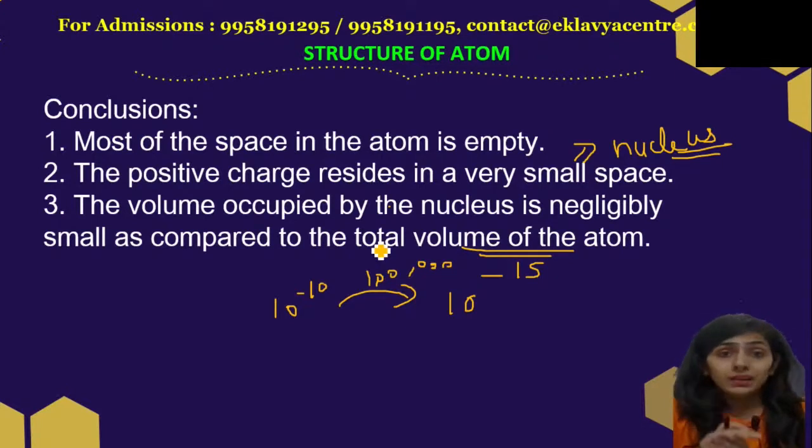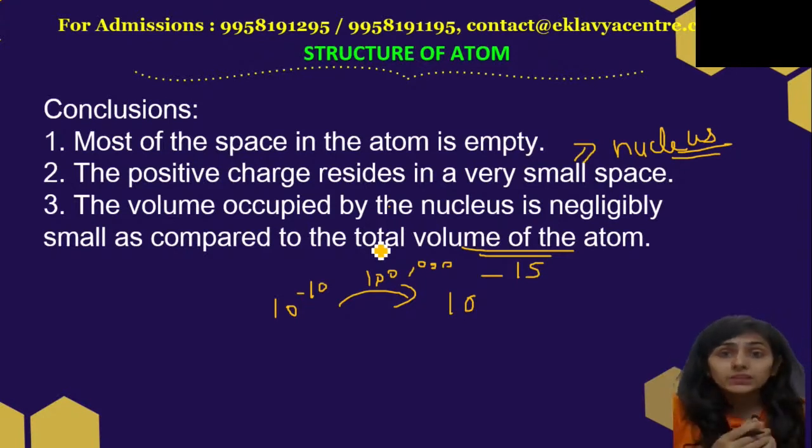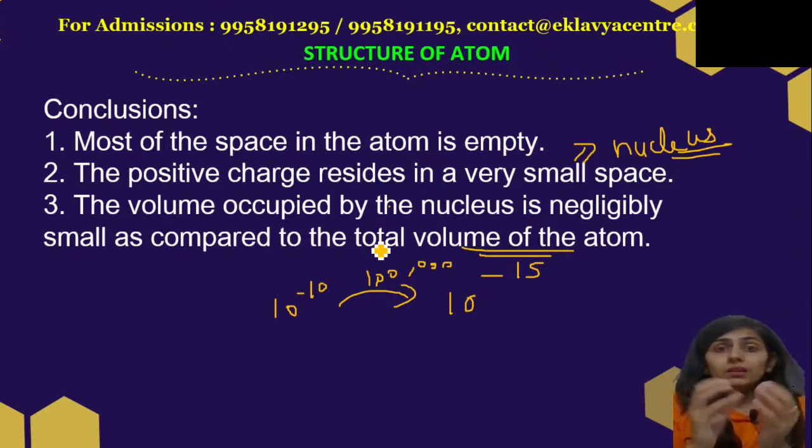So he said there is something present inside the atom whose mass is larger than the mass of the alpha particle. That is why the alpha particle is getting deflected by 180 degrees, right? So he named that sphere the nucleus.